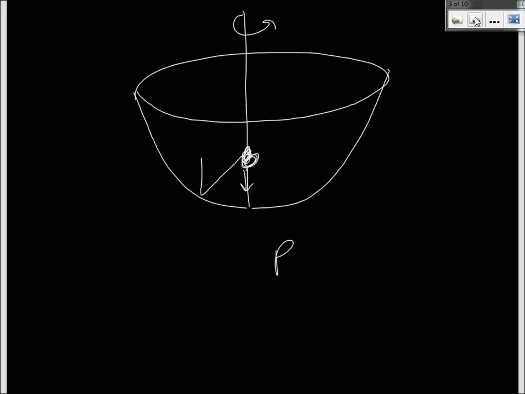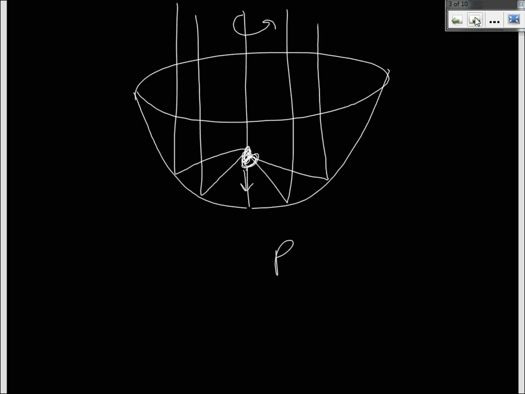And the reason is every beam of light, assuming they made their paraboloid perfect and they found the exact focus, then every beam of light would go straight out, which I thought was pretty neat.